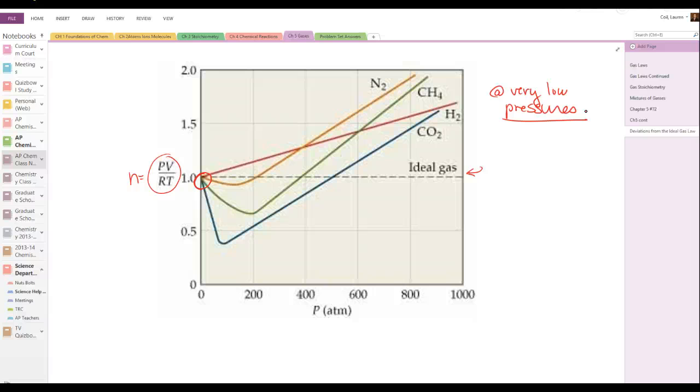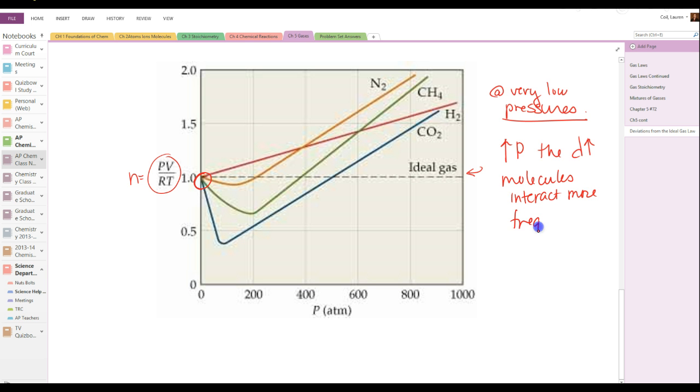However, as we increase the pressure on a real gas, remember that as we increase the pressure, the number density of molecules per unit volume is going to go up, and the molecules are closer together, or they interact more.